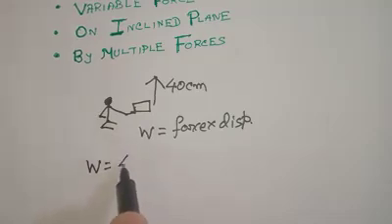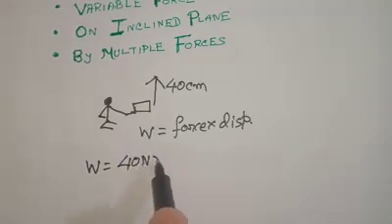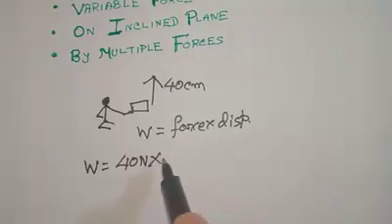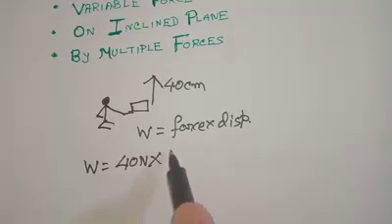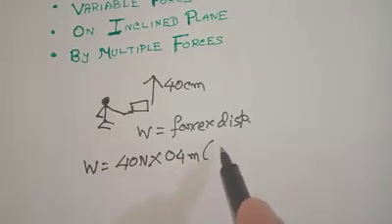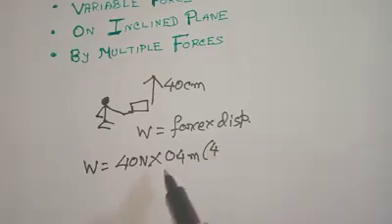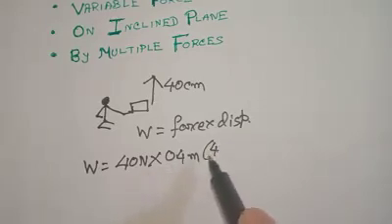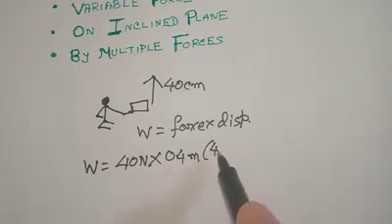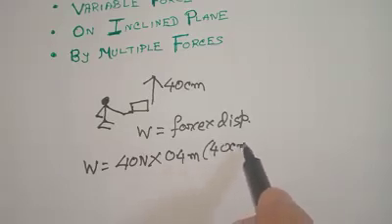So we can put it simply as 40 newtons multiplied by the displacement, which is given as 40 centimeters. So I can write it as 0.4 meter, because I want to convert it to an SI unit, because the force unit is in Newton, so the distance should be in meters.